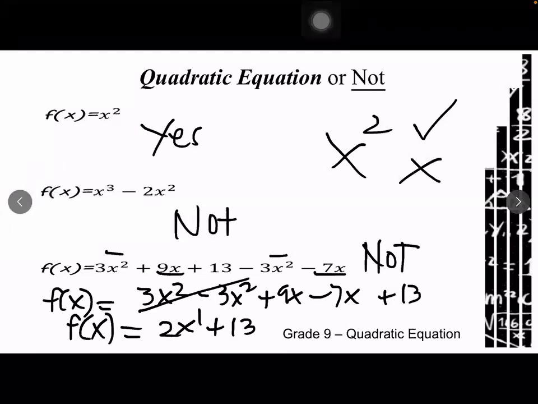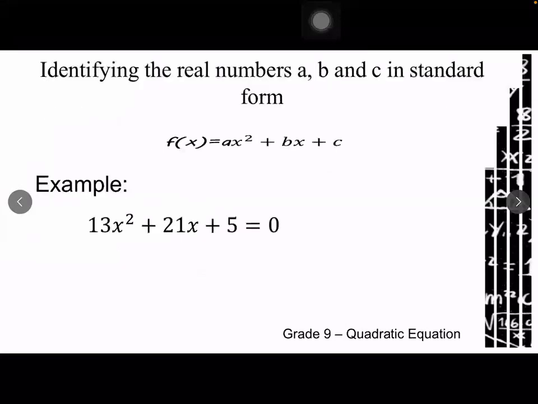So now, let us proceed with our next part. Upon our definition of quadratic equation, we have the standard form. Tama po? And from the standard form, we have the letters A, B, and C. Our goal is to identify the values of A, B, and C. Always remember, the value of A is siya po yung katabi ng x squared.